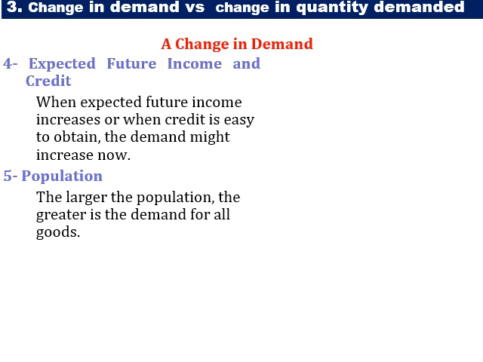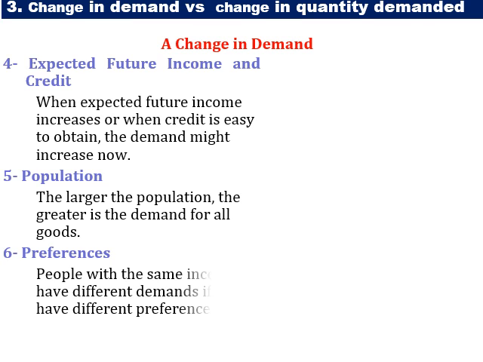The fifth factor is population. When the number of population increases, this means that they will demand more of the goods, or all goods. The last factor is preferences. And here, people with the same income have different demands if they have different preferences.